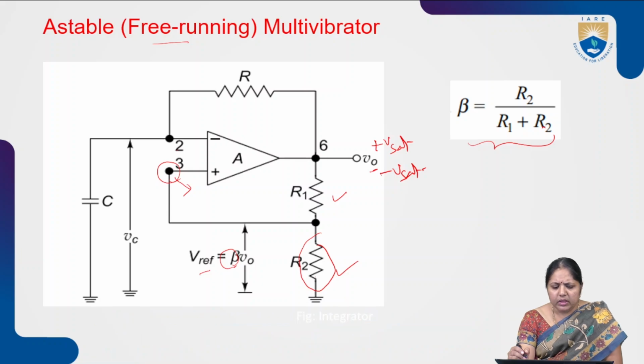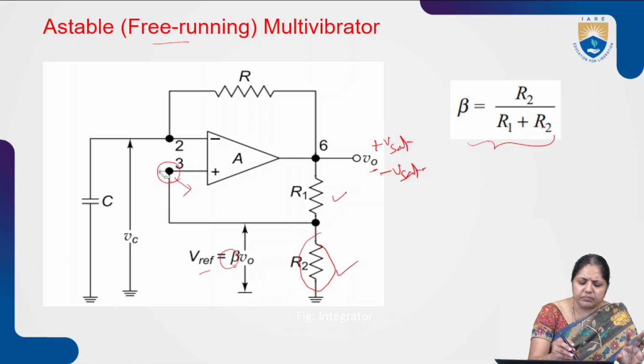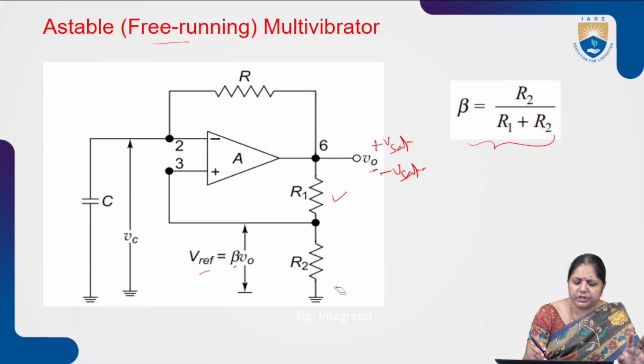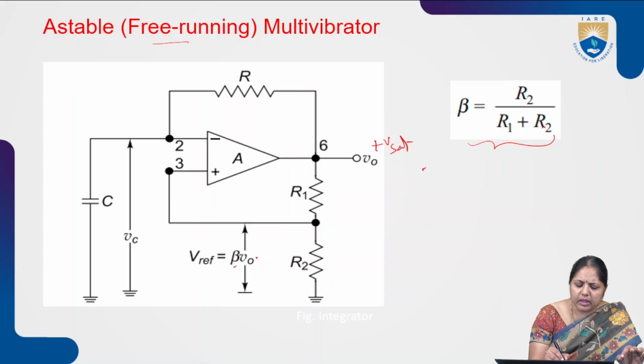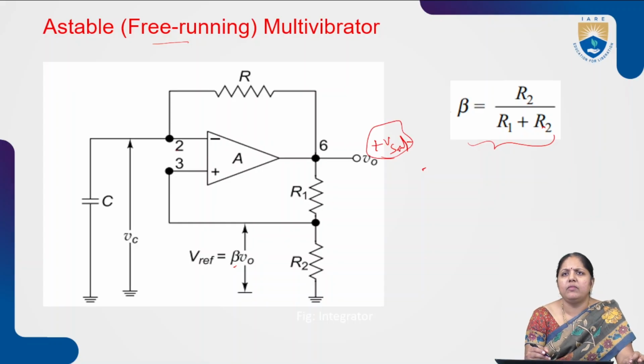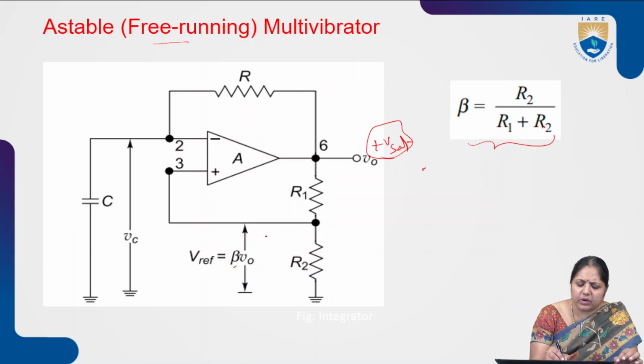Now if you observe the operation, suppose I take beta equal to R2 by R1 plus R2. Initially, just assume that the output V0 equals plus Vsat. Now through the plus Vsat, what is the potential appearing across this R2?